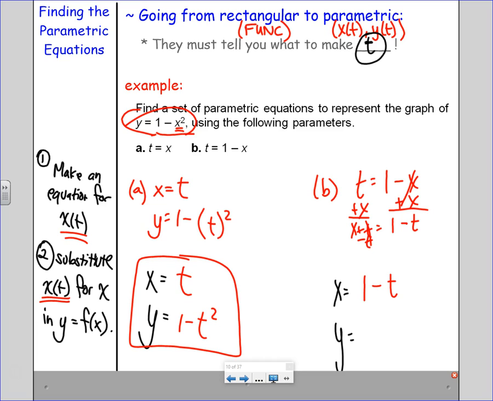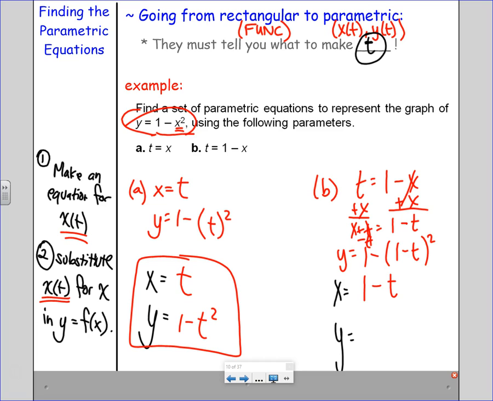We have x already. What are we going to do with y? Yeah. So y is going to equal 1 minus x, who is 1 minus t, squared. Could we simplify this?